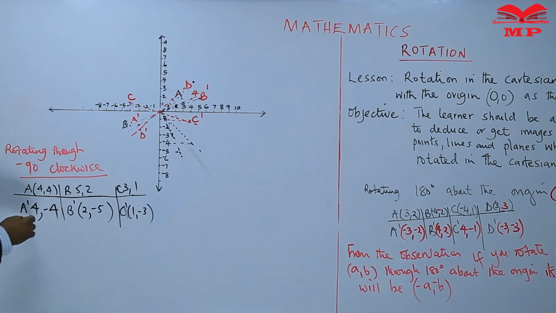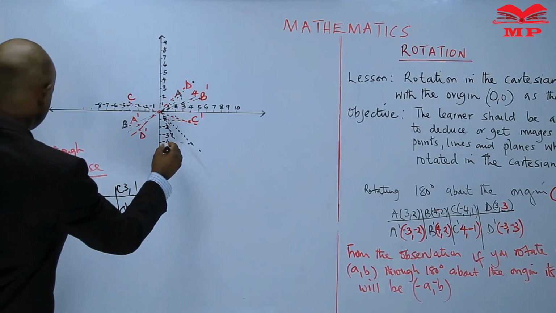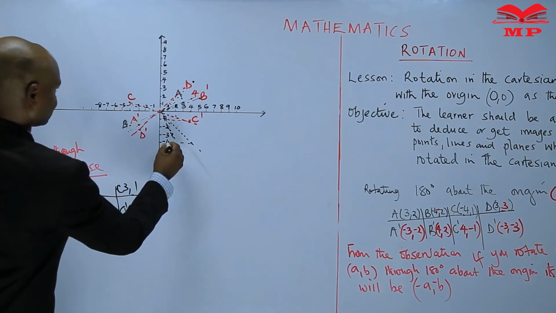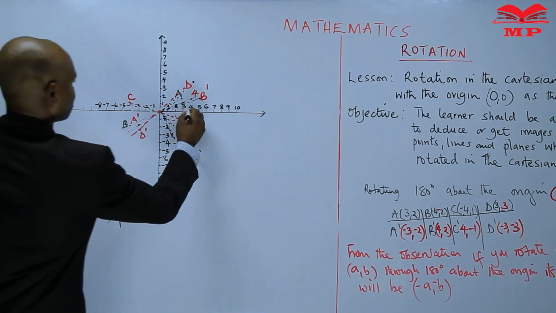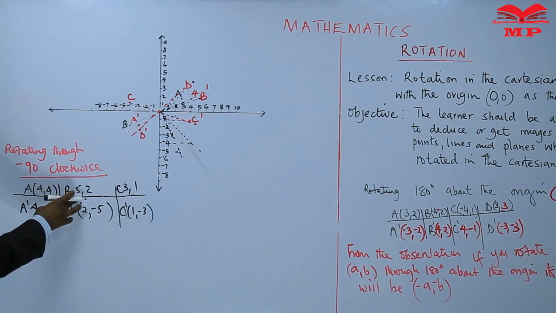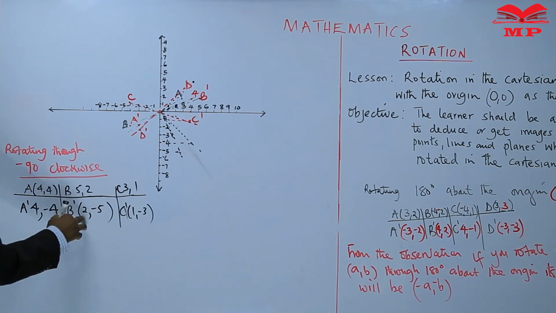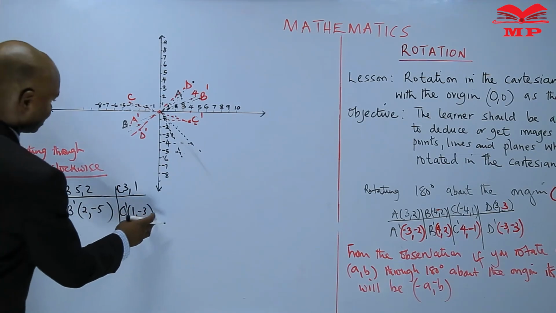Here we had 4, 4 and it came to 4, -4. The second one, 5, 2, we got 2, -5. And the last one, 1, -3.